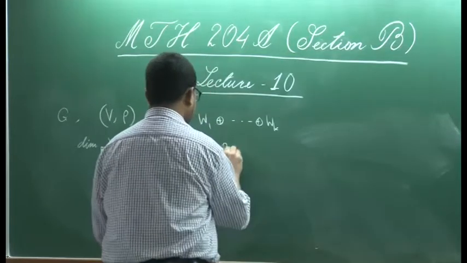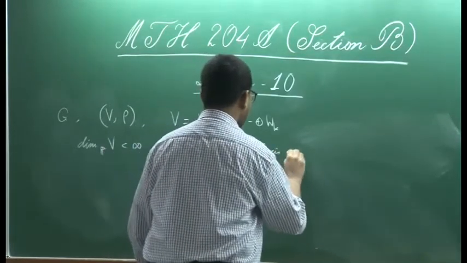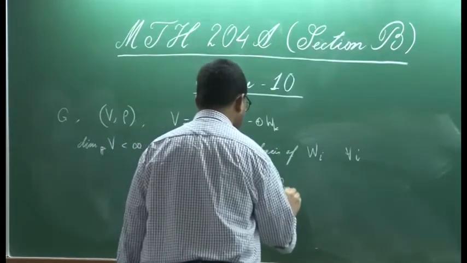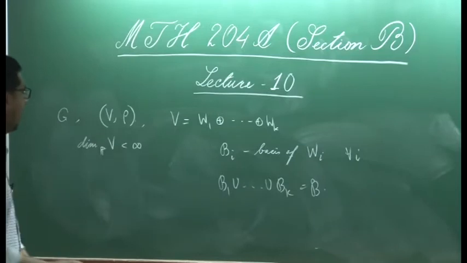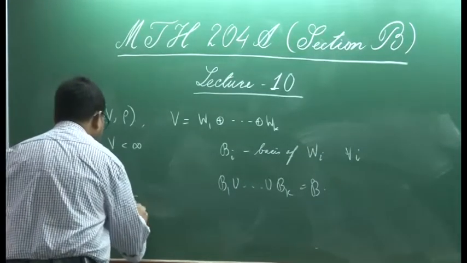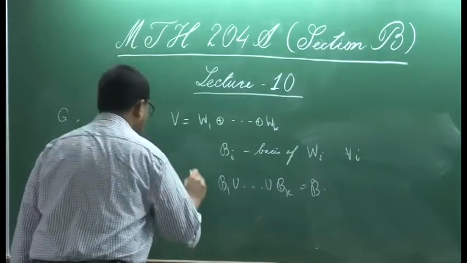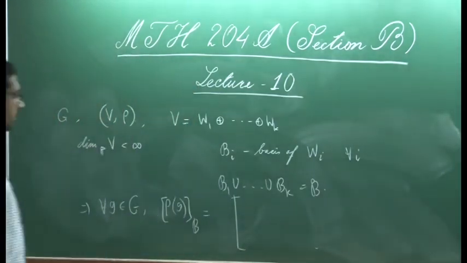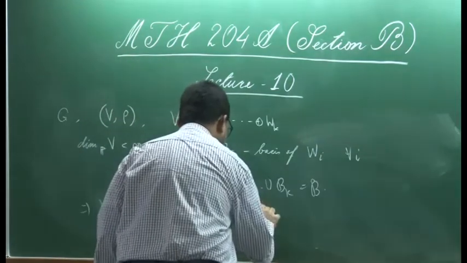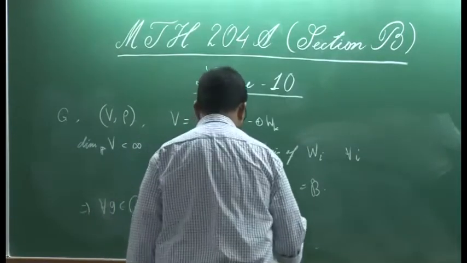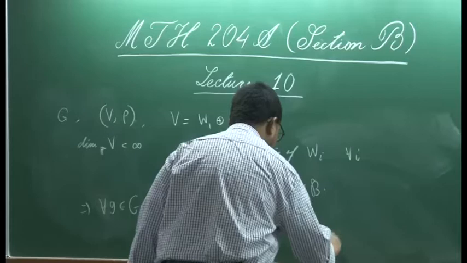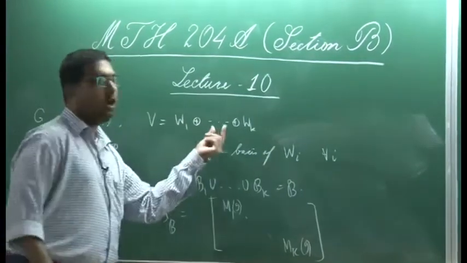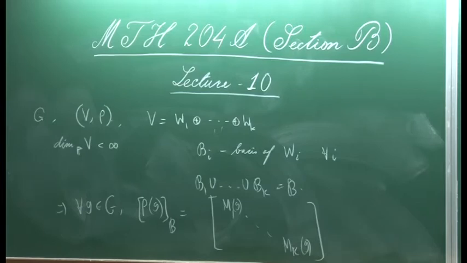If for each i I choose an ordered basis Bi of Wi, then B1 union ... union Bk is going to be a basis for V. And then for every g in G, the matrix of this operator rho g with respect to this basis will be block diagonal, with blocks m1g to mkg, where mig is the matrix of the restriction of rho g on Wi with respect to the ordered basis Bi.